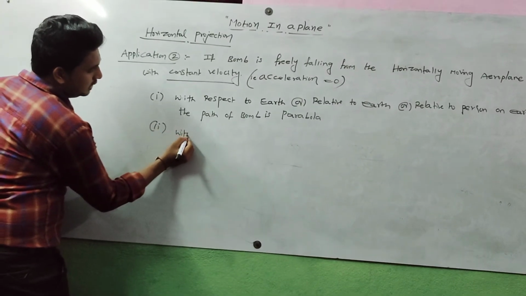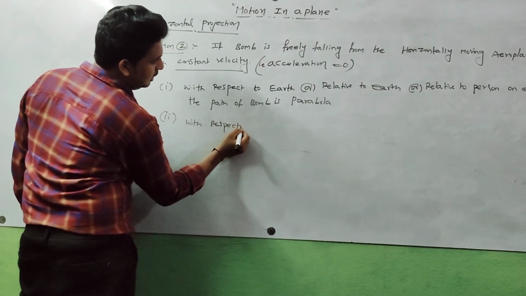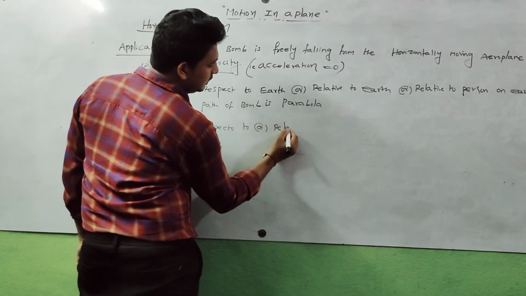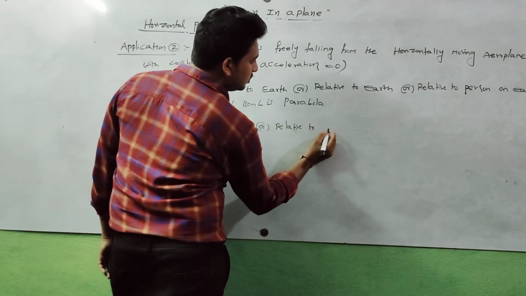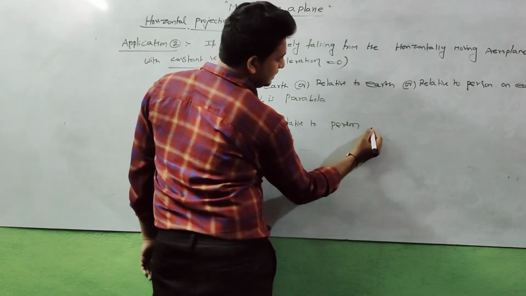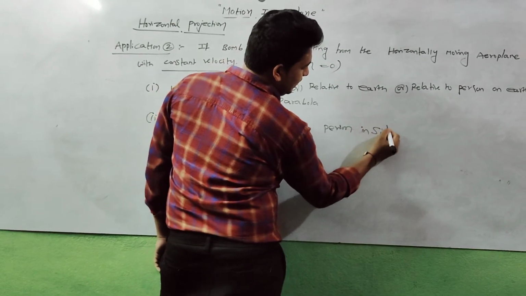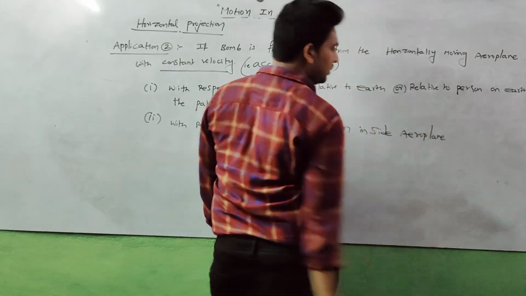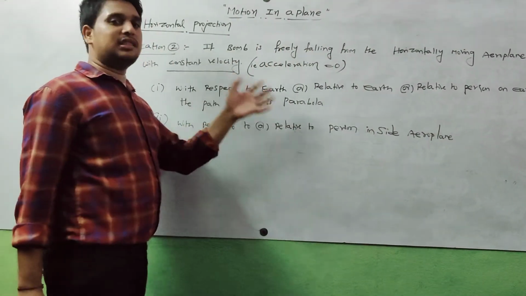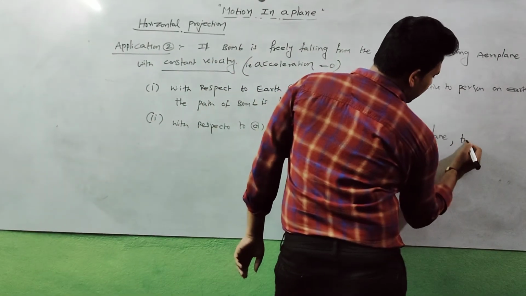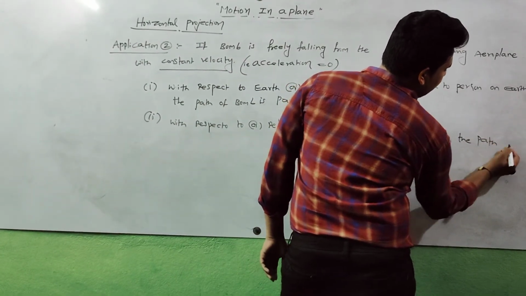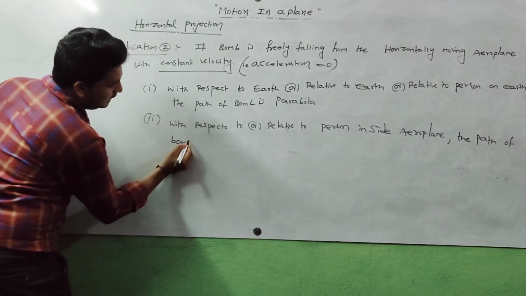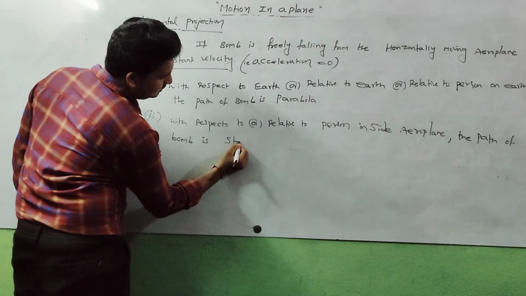With respect to, or relative to, a person inside the aeroplane, the path of the bomb is a straight line.